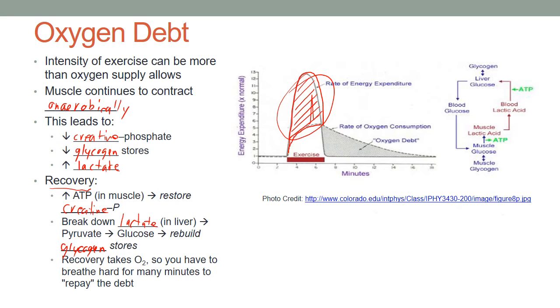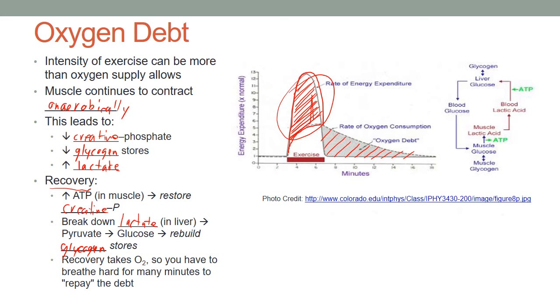That's going to take oxygen. So all of these recovery steps take oxygen. Because we used this much energy that we didn't have oxygen for, we're going to have to provide that amount of oxygen after the fact, after the exercise. We have to pay back our oxygen debt.